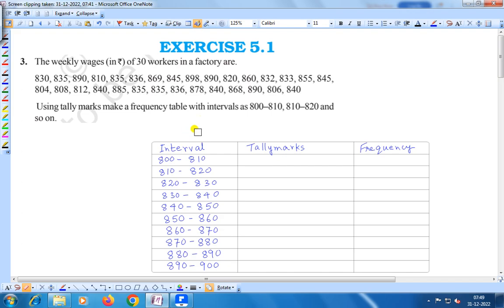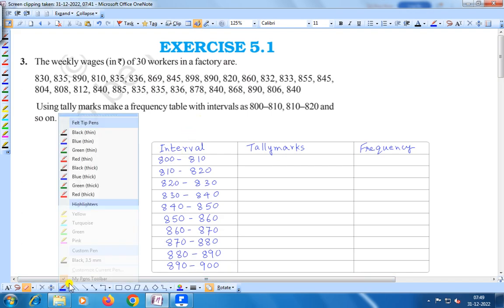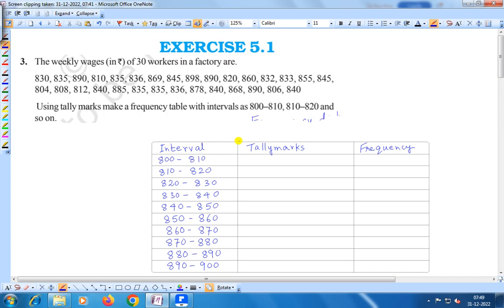I have written that the frequency distribution table is this one.